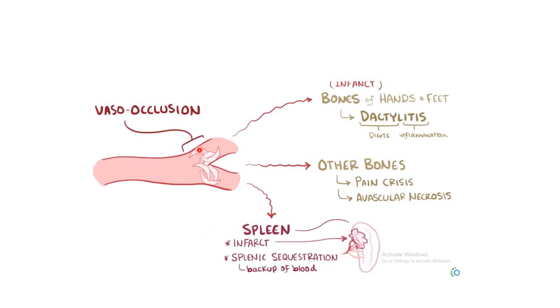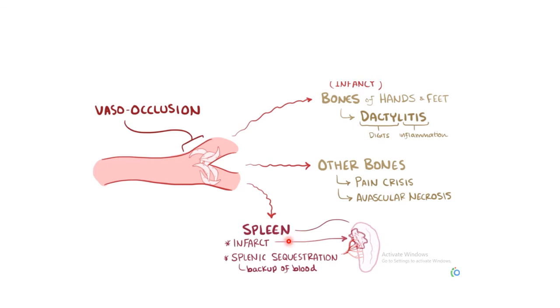Now a quick overview of the effects of vasoocclusion. When it affects the bones of hands and feet in infants, it will cause dactylitis. When it affects the other long bones, it will cause pain crisis and avascular necrosis.